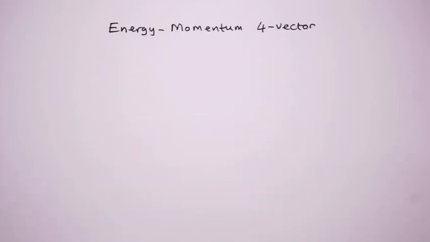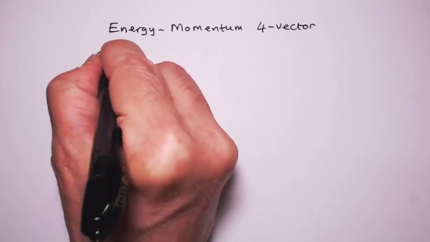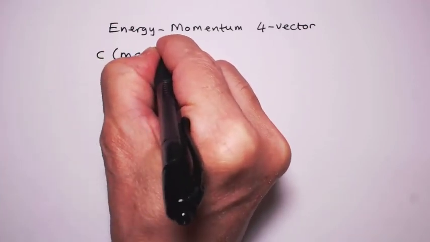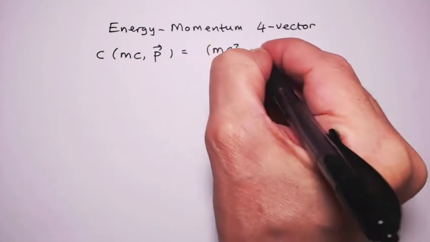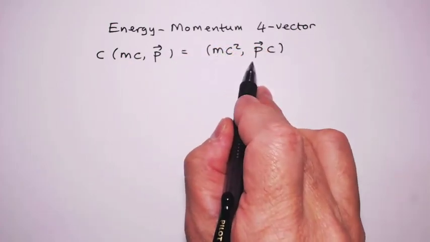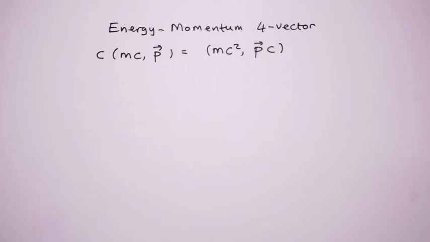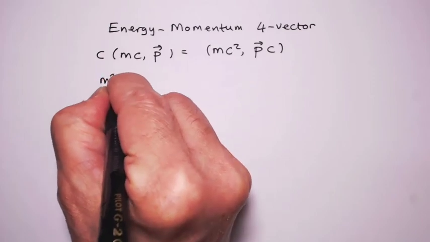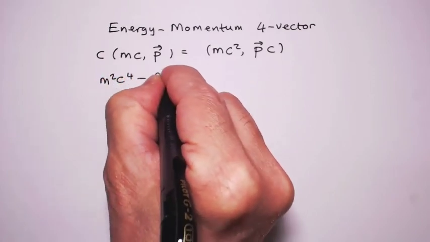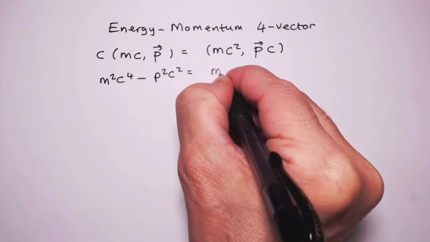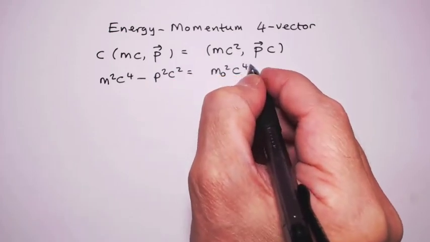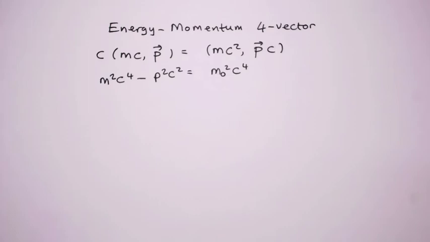We can define the energy-momentum 4-vector as c times the 4-momentum. So c times (mc, p) is equal to (mc^2, pc), where now the time-like part is the relativistic energy and the space-like part is momentum times c. This has invariant interval m^2 c^4 - p^2 c^2, which is equal to m0^2 c^4 for a particle in its instantaneous rest frame, which gives us the result found previously.